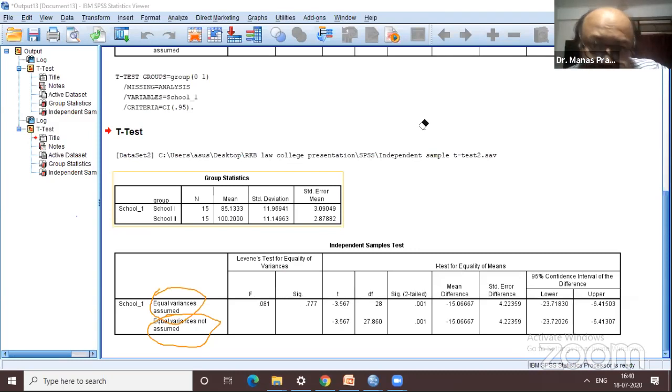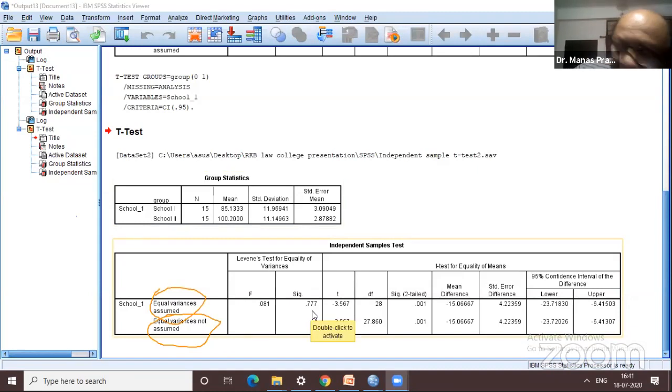So you see, this is the test value and this is the p-value. So what is the p-value here? The p-value is 0.777. Okay, that means what? It is more than 0.05. Now what is the null hypothesis here?